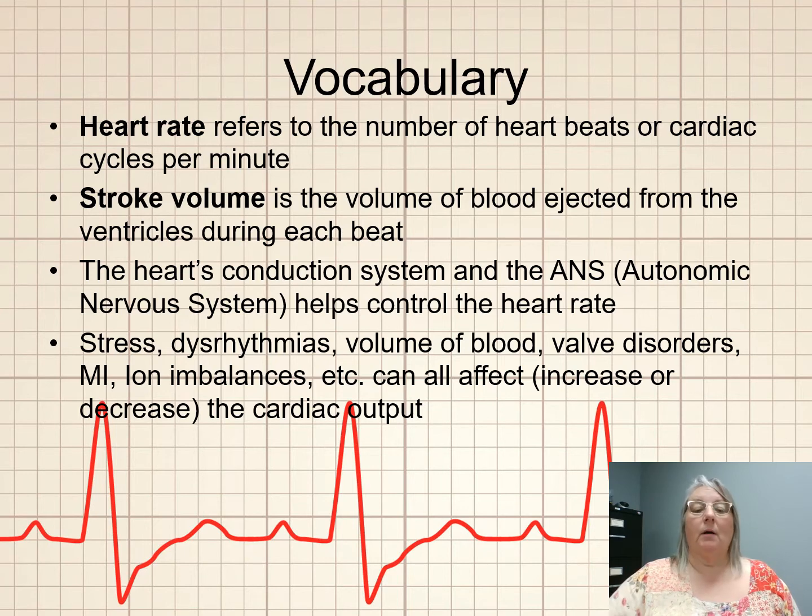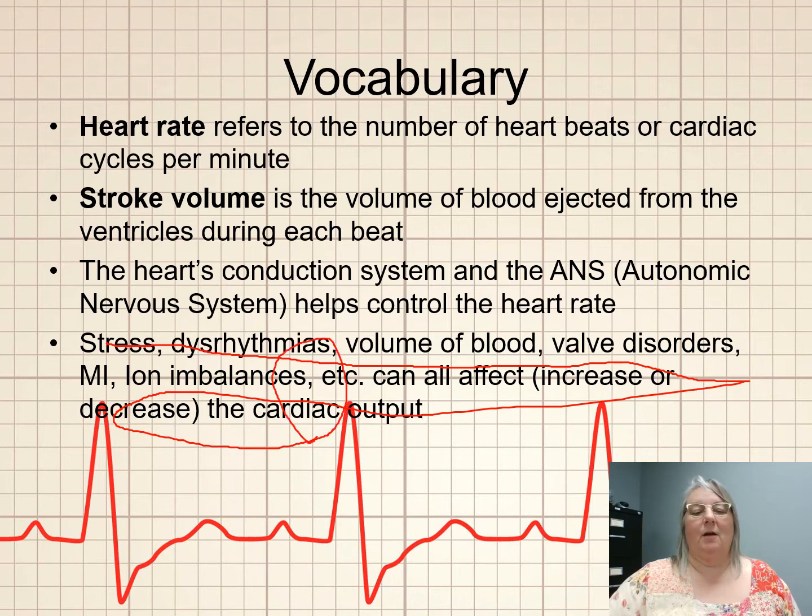Well, how about the autonomic nervous system? Because the autonomic nervous system, remember we said it controls the heart, and that autonomic nervous system was the sympathetic and parasympathetic. All right, so stress, blood volume disorders, all of these affect cardiac output.